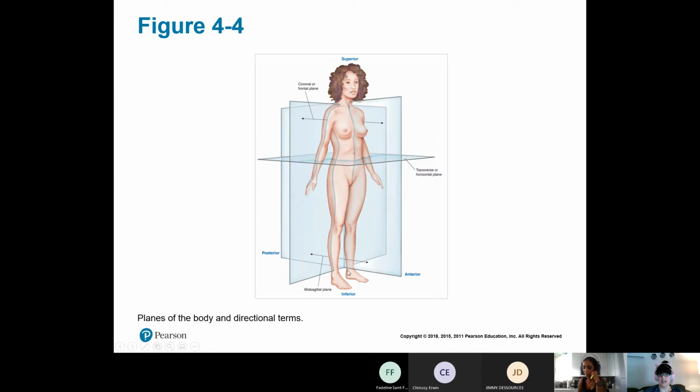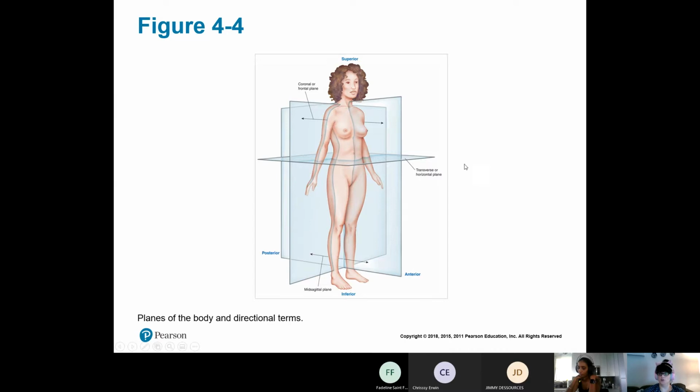If I say posterior, I am talking about the back of something. If I say anterior, I am talking about the front. Okay? If I say superior, that means above. Inferior means below.